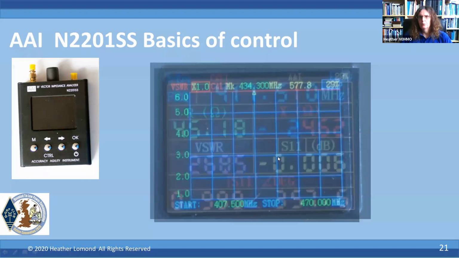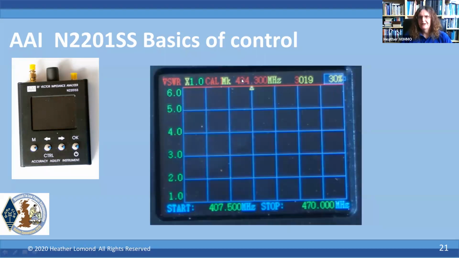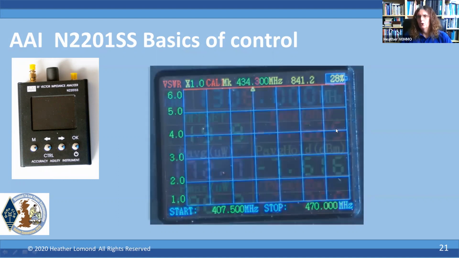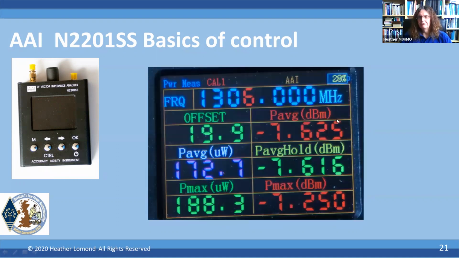So if we want to edit this, here I've used these arrow keys, these ones here, to select the marker. I press OK to select a digit in it. I can change that digit, or I can press the mode button and go to a different mode. This is the third screen, the power.